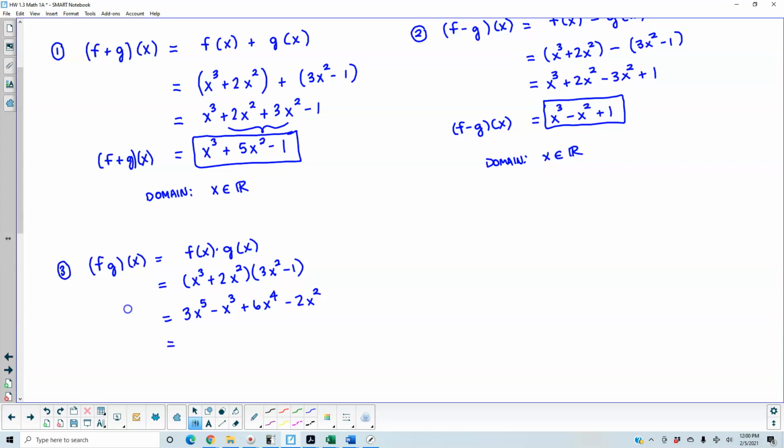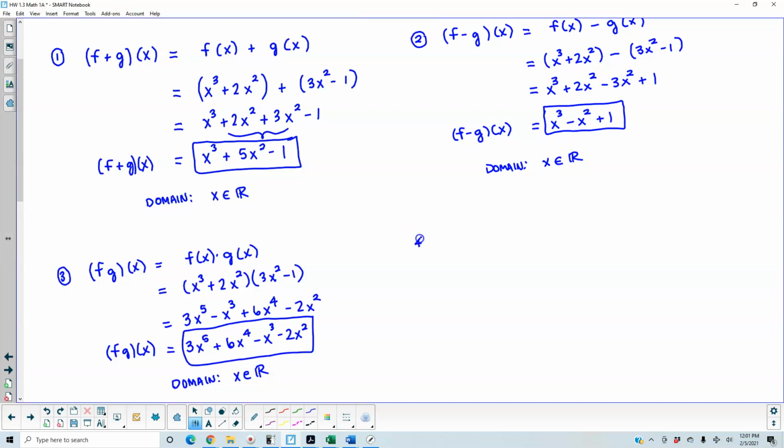And so if we put this in descending order, we have 3x to the 5th plus 6x to the 4th minus x cubed minus 2x squared. So again, that is the definition of f times g of x. And then if we want to look at the domain of this function, then we can still put in any value for x. So x is going to be all real numbers.